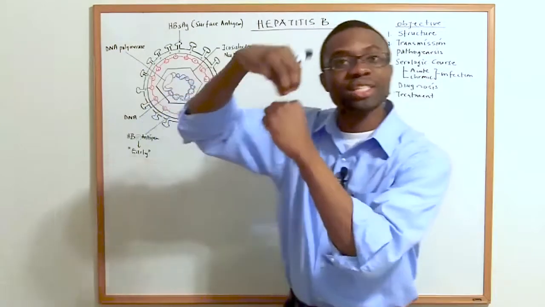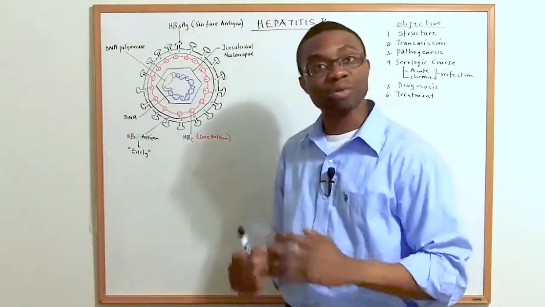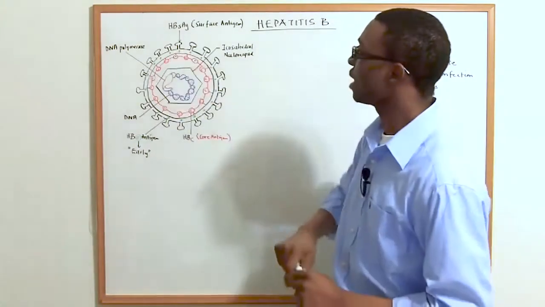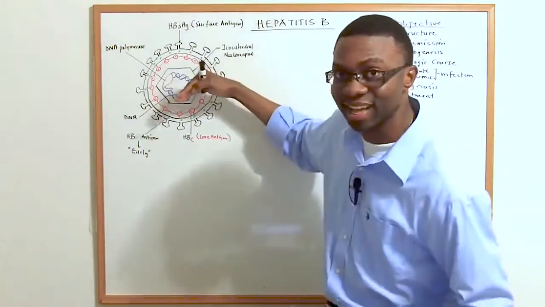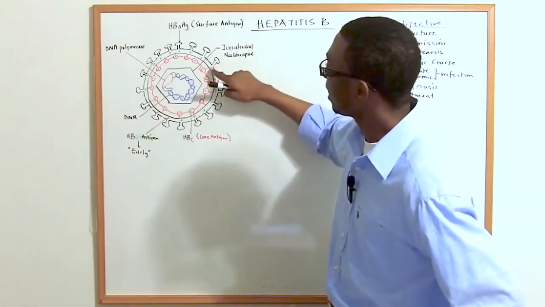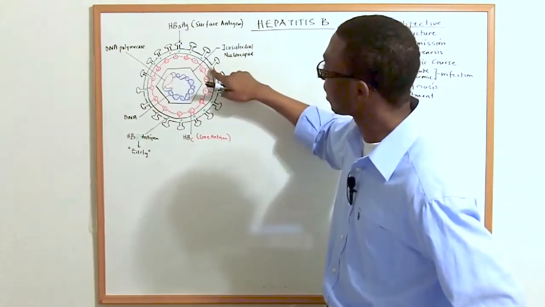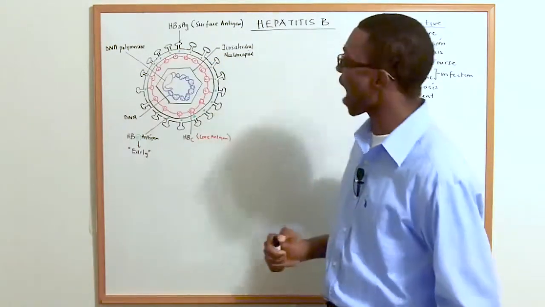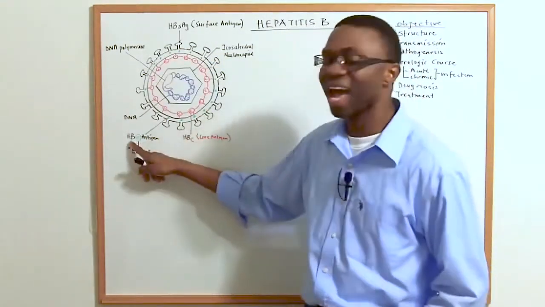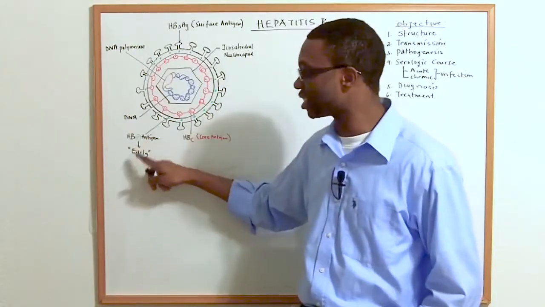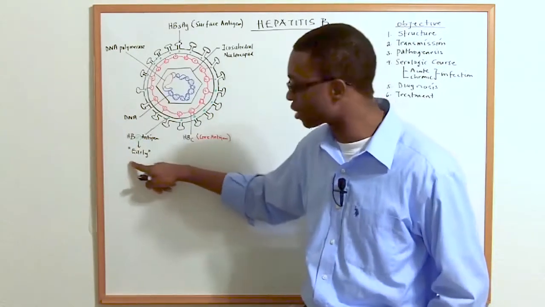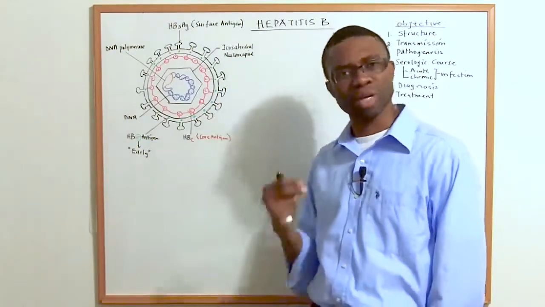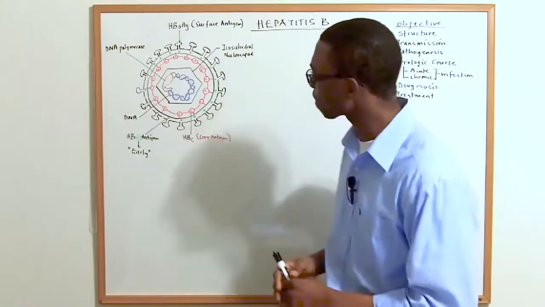The antigens that surround the outside of the virus. Then we walk our way inside the virus. The next thing in line, these little green dots that I drew on the board, are actually the hepatitis E antigen. E as in early. That's why they call it E antigen. That actually stands for early antigen. And we're going to find out why it's early.